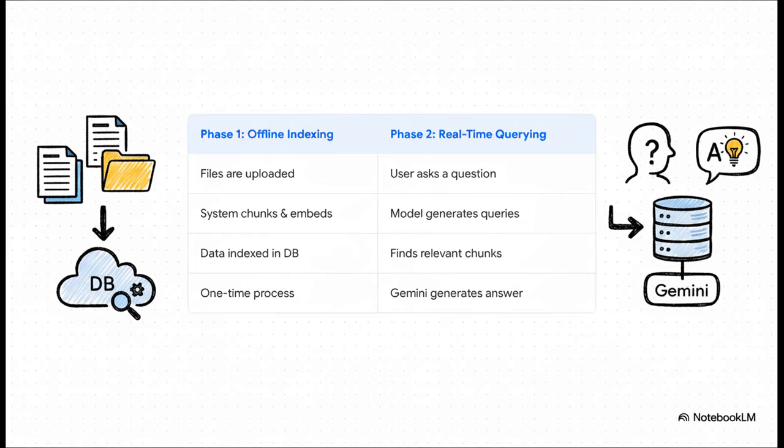You just upload your files, the system then goes and does all the heavy lifting for you. It chunks the data, creates the embeddings, and indexes everything in a database. Then comes phase 2, real-time querying. This is when a user actually asks a question. The model figures out what they're looking for, finds the most relevant chunks from your data, and then feeds that context to Gemini to spit out a really precise, grounded answer.